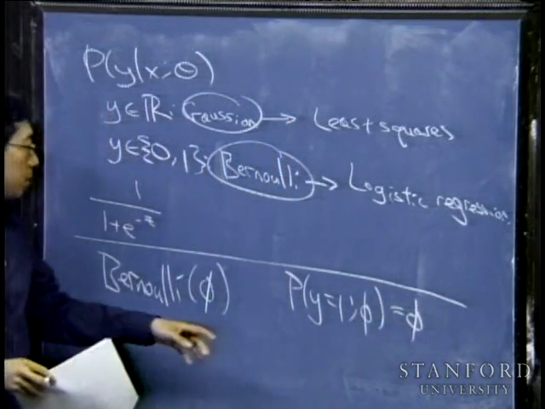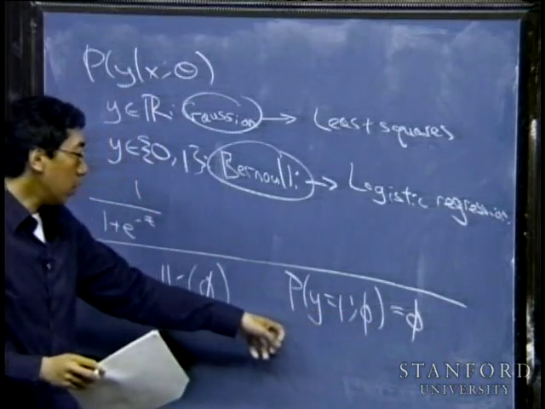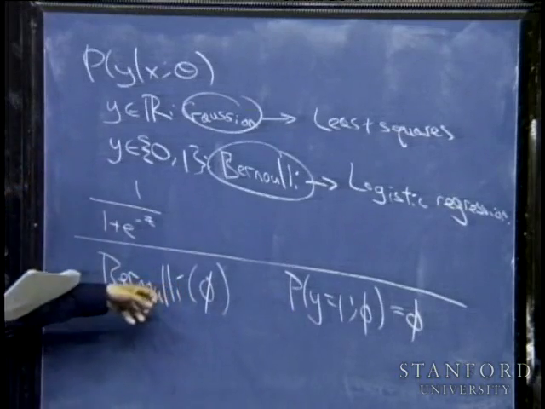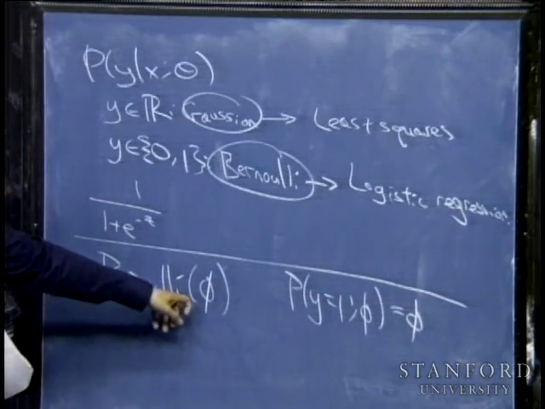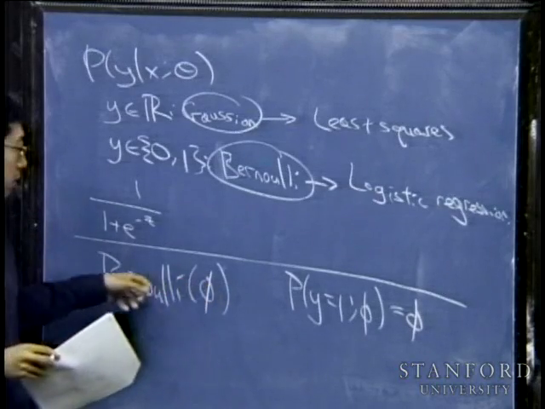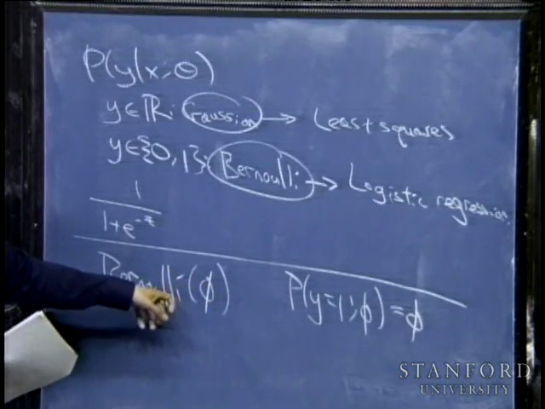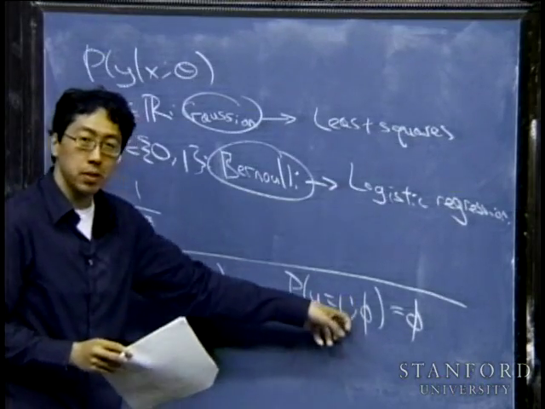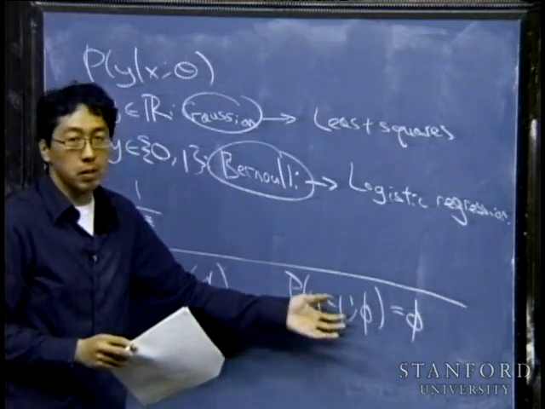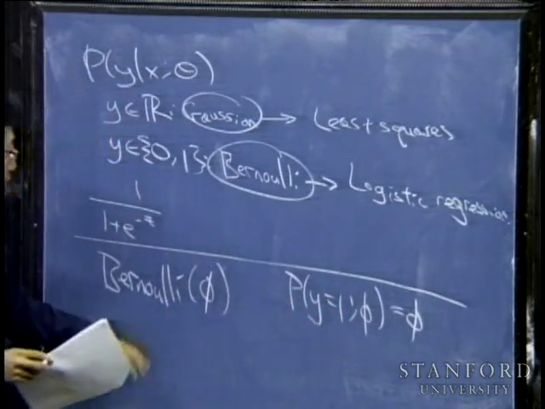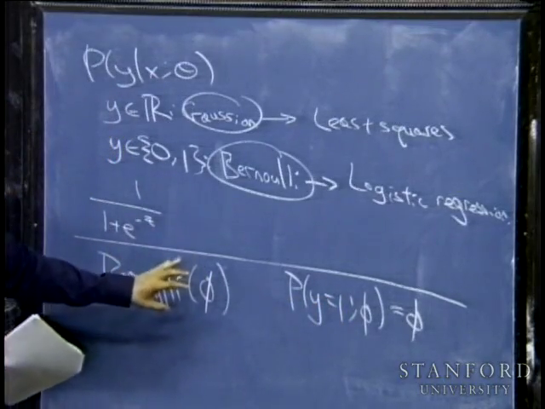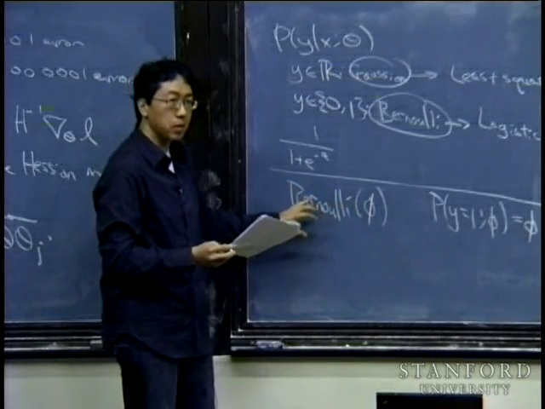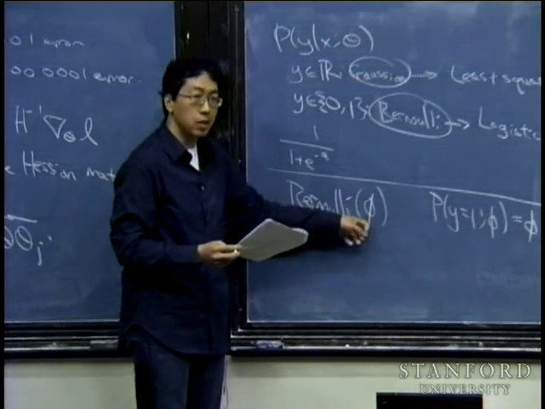So the parameter phi in the Bernoulli specifies the probability of y being 1. Now, as you vary the parameter theta, you get different Bernoulli distributions, with different probabilities of y being equal to 1. And so I want you to think of this as not one fixed distribution, but as a class of distributions that you get as you vary theta.